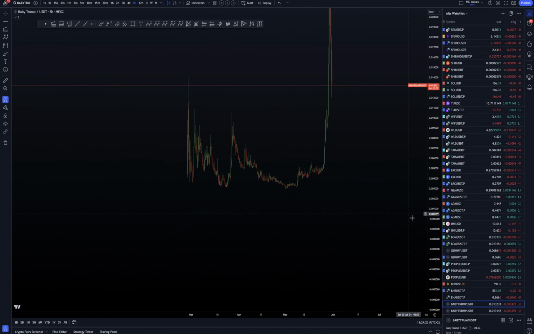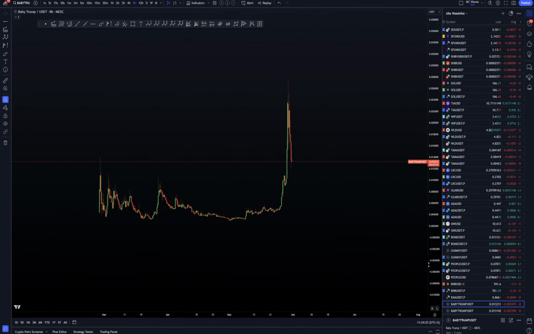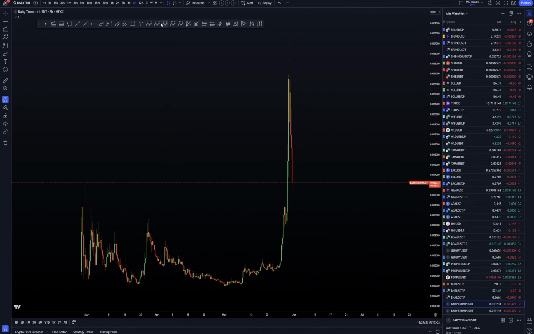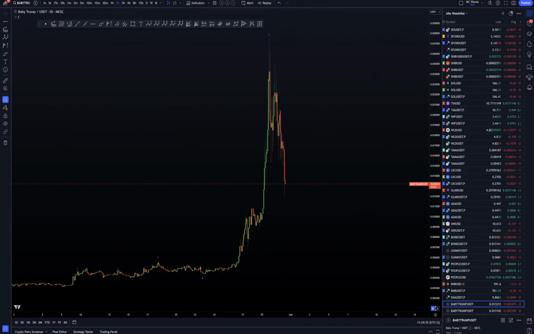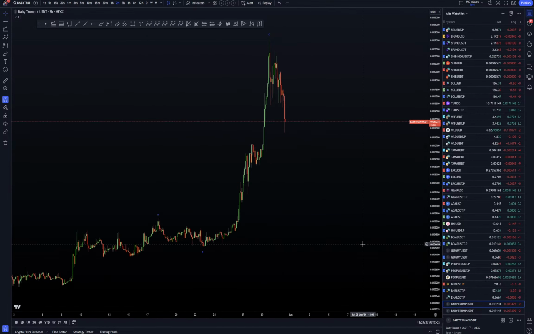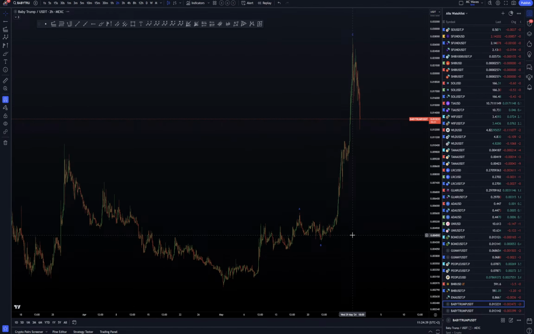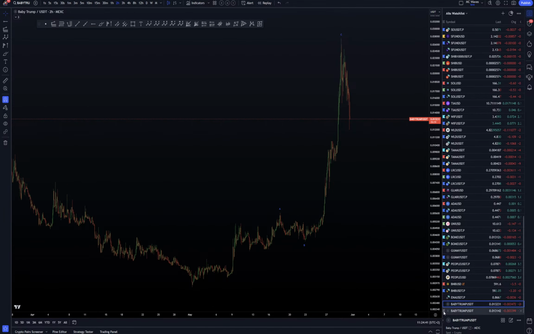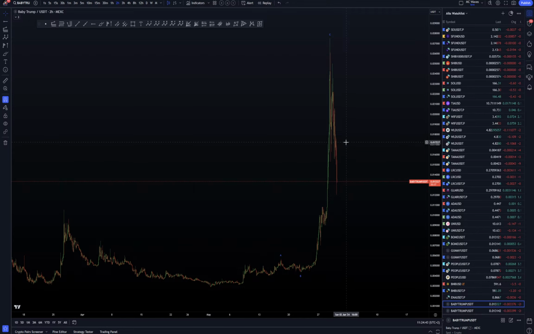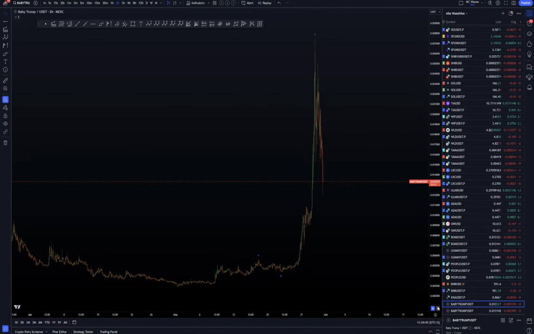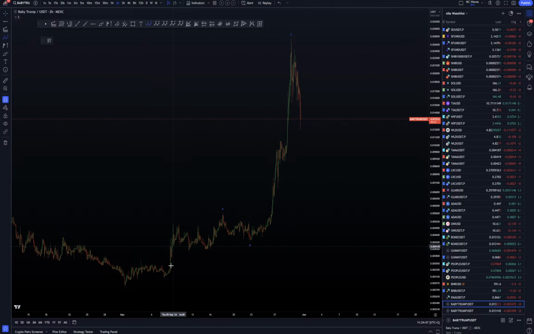What a nice ABC zigzag to the upside. A, B, C. There you go, the count is done. As simple as that, really. Or this is a wave 4. It looks pretty massive for a wave 4 at the moment.